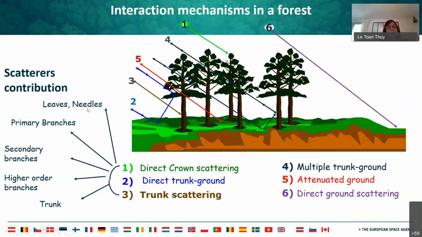And what are the scatterers' contributions? There are leaf, needle, primary branch, secondary branch, higher order branch, trunk, etc. For the C-band, you can have just one, two, or three mechanisms, and the scatterer contribution is, for example, leaf, needle and small twigs.